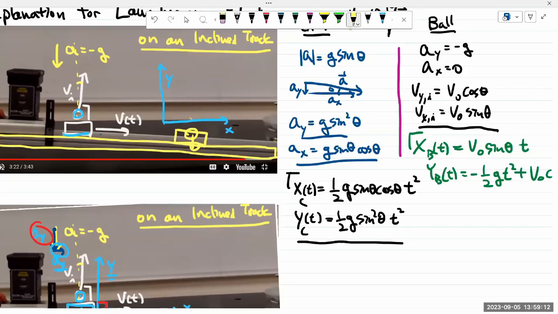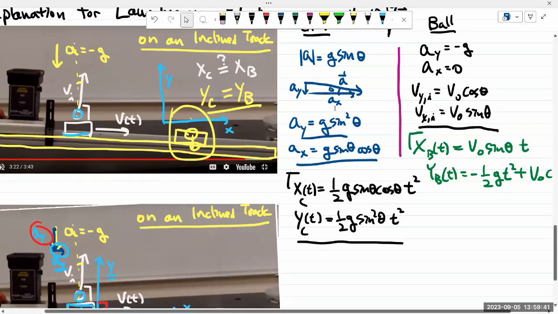Now, I don't want to assume the thing that I want to be proving. So let me use this condition: we are looking at when the y position of the cart will be equal to the y position of the ball. That's the starting place, and then I'm going to ask the question, will the x position of the cart be the same as the x position of the ball? If they are, then the ball will have successfully landed on the cart.